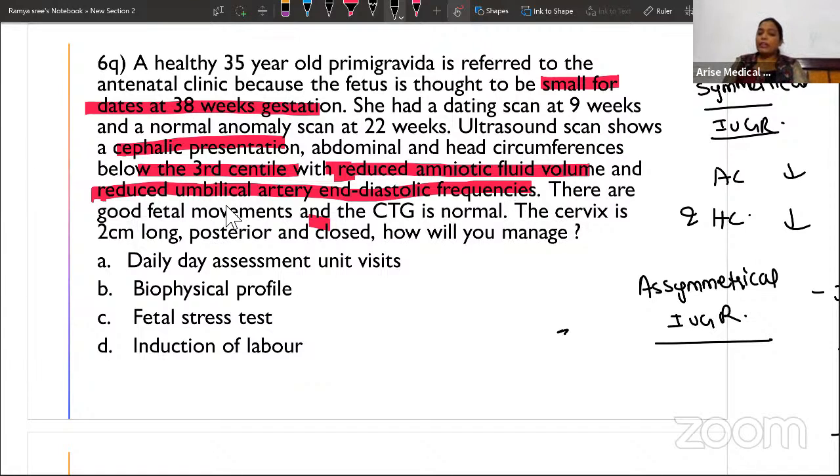So as I told you, the blood flow to the fetus is assessed by the umbilical artery Doppler. Normally, in the umbilical artery, you have systole and diastole. Blood obviously is going to the fetus during systole. Blood also goes to the fetus during diastole. It's not that blood is coming back to us.